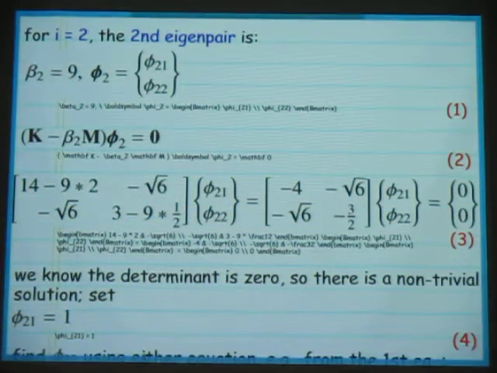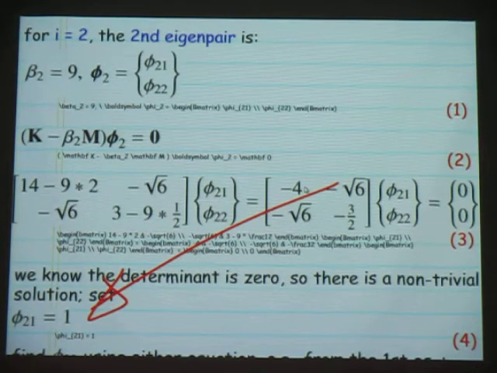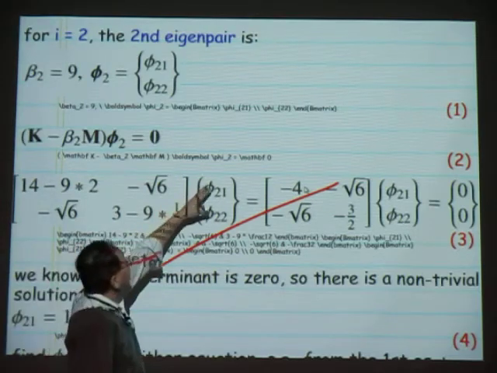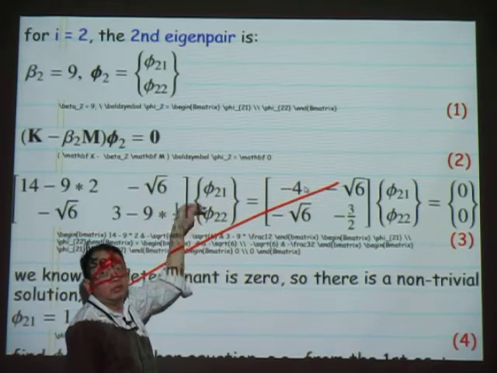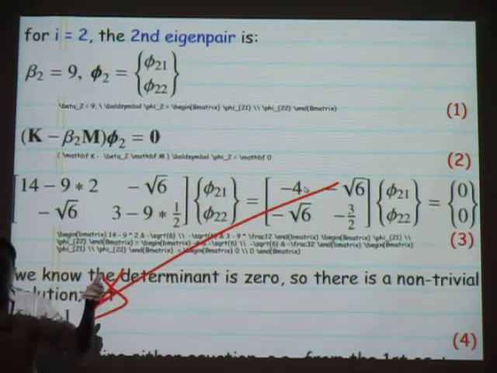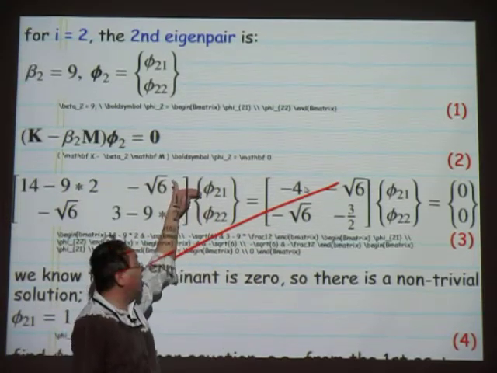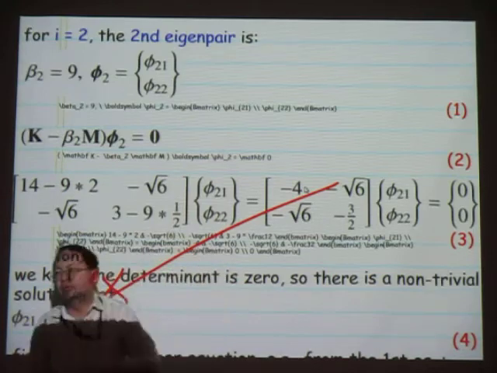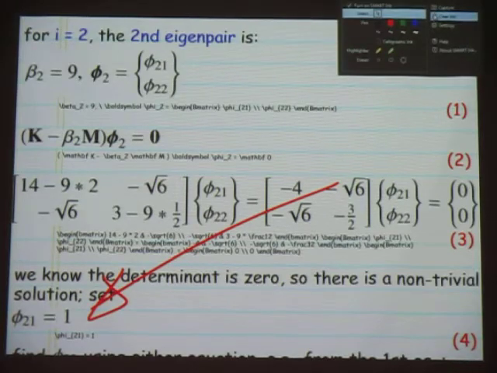So again, set the first coefficient, phi21, equal to 1, because phi2 has two coefficients, phi21 and phi22. So set phi21 equal to 1, find phi22. You can also, like I said, set phi22 equal to 1 and find phi21. That's fine too. You can choose the first coefficient systematically.